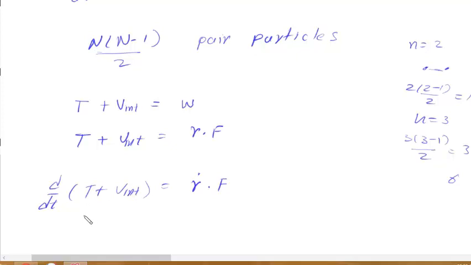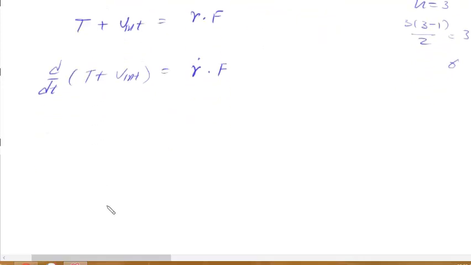Then the rate of change of the kinetic energy relative to the center of mass is like this. We take the derivative, d divided by dt, of one half capital M, where M is constant, times R dot squared.